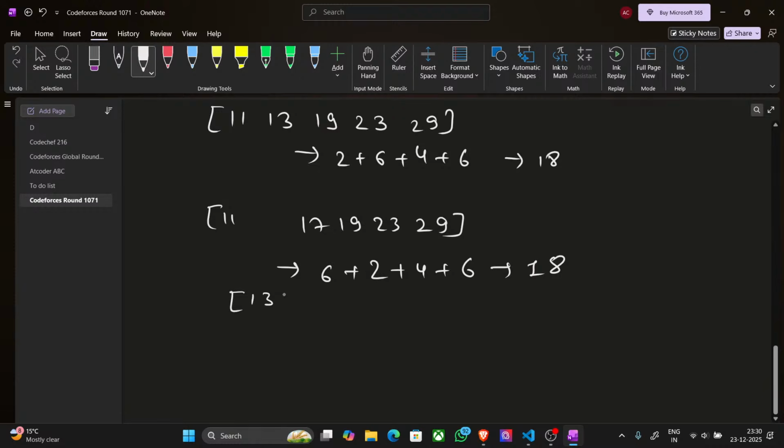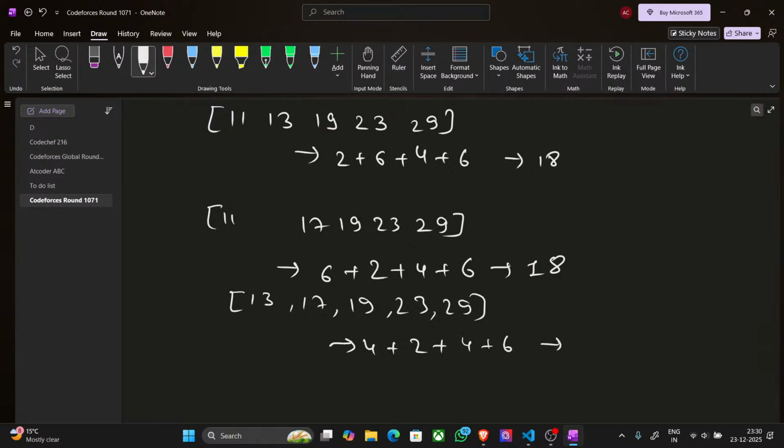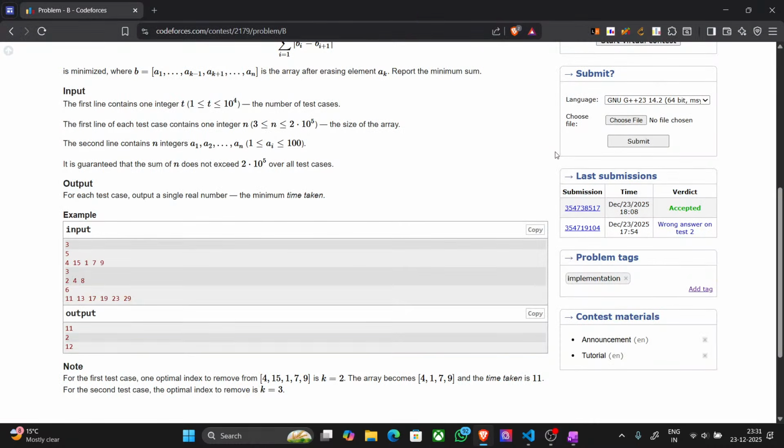If I have deleted 11, the summation will be 4 plus 2 plus 4 plus 6, again 18. So my minimum answer is 16. Okay, so I got it wrong, sorry.